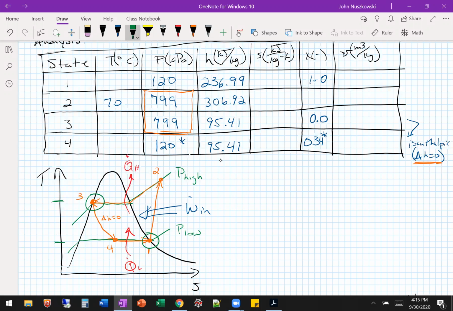If we had a turbine that could handle a mixture, we would end up like here, at 4 prime, a nice isentropic turbine. But turbines can't really handle that mixture, so we use an expansion valve, which is basically just like a throttling valve, and we end up at constant enthalpy, and that takes us to the right. They have the same enthalpy as 3. We end up at this location at this lower pressure.